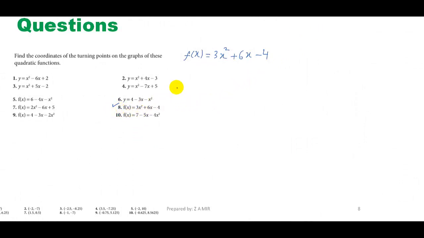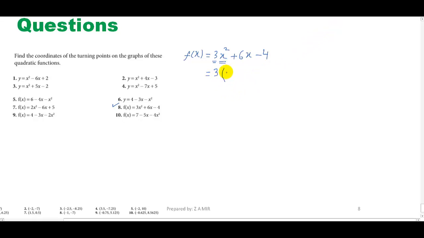Now the question number 8, we want to complete the square first, and remember in completing the square the coefficient of x squared should be plus 1. Right now the coefficient of x squared is plus 3. What we will do, we will take 3 common here.